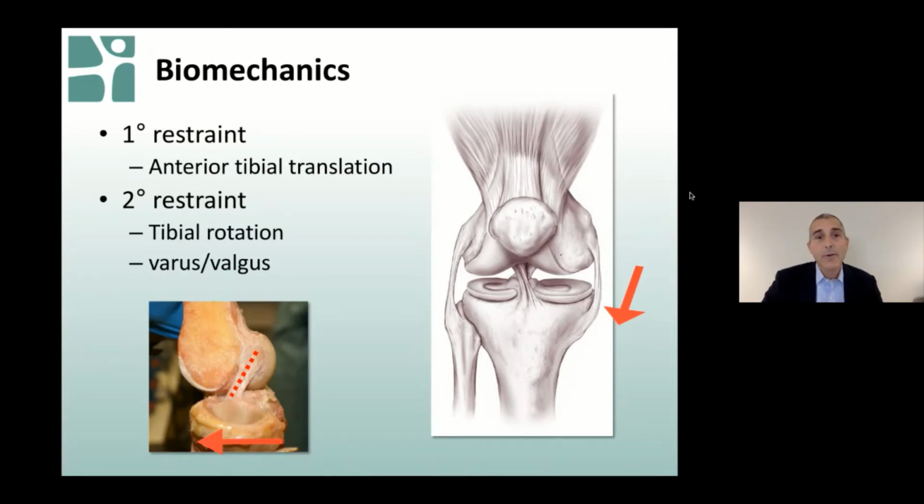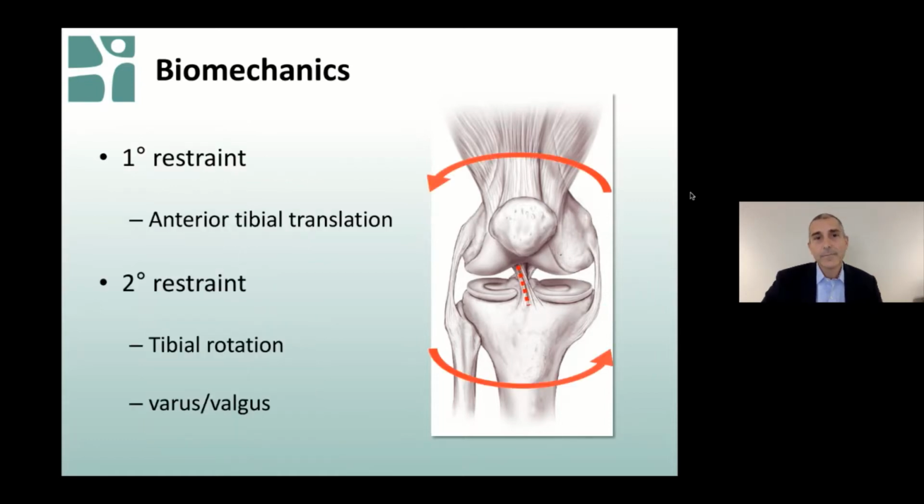I think its primary role is preventing the knee from translating too far to the front. You can look at the side view and see how the ACL runs in a diagonal fashion from back to front, so that when the tibia bone, or the lower leg bone, wants to translate forwards, the ACL serves as a check rein. The ACL also importantly serves to provide rotational stability to the knee.